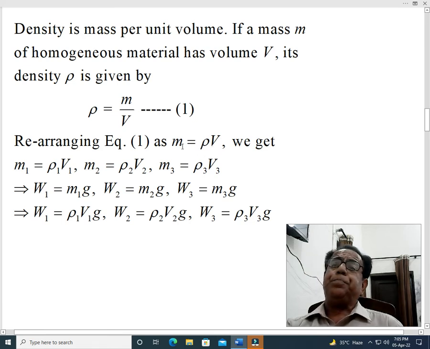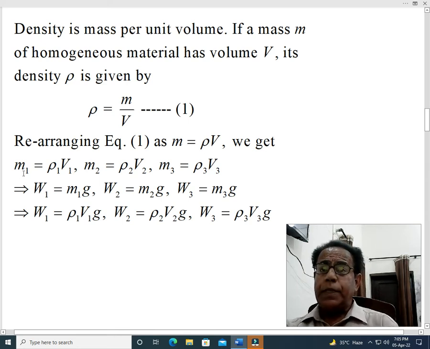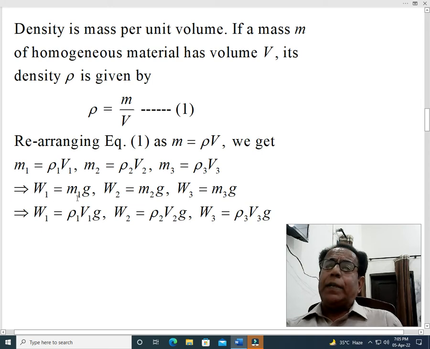With respect to this problem, this expression takes three different shapes. That is, m1 will be equal to rho 1 v1, m2 will be equal to rho 2 v2, and m3 will be equal to rho 3 v3. This implies that because W is equal to mg, W1 will be equal to m1g, W2 will be equal to m2g, and W3 will be equal to m3g.